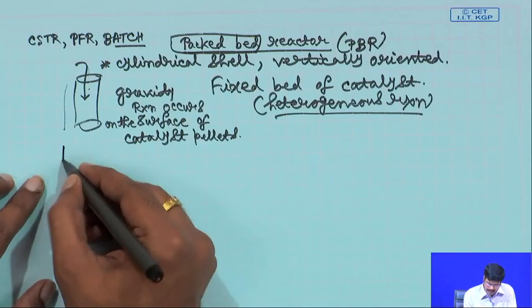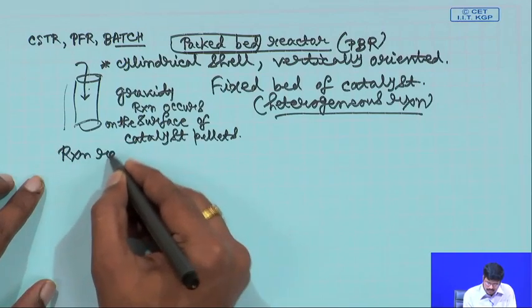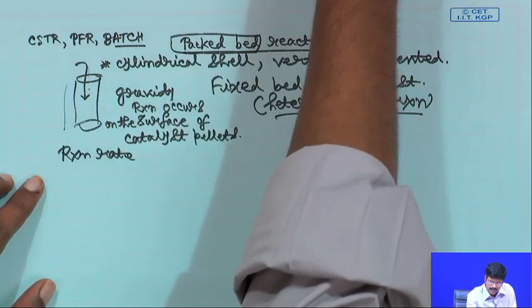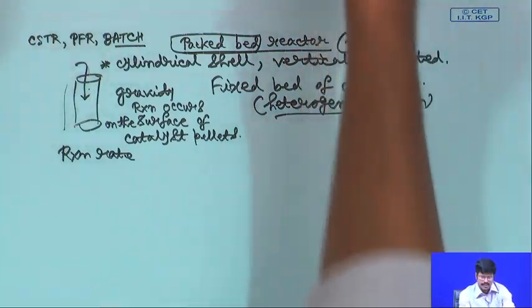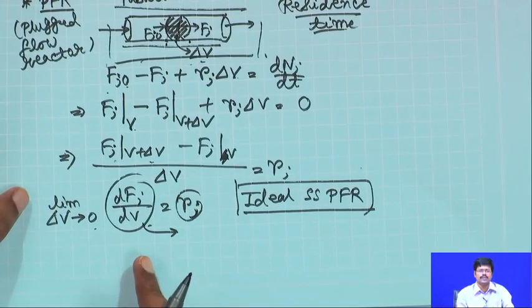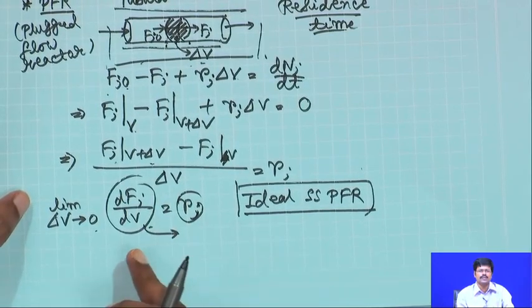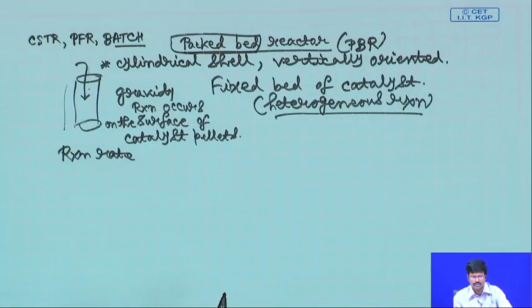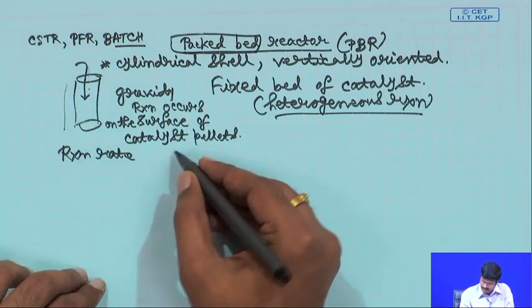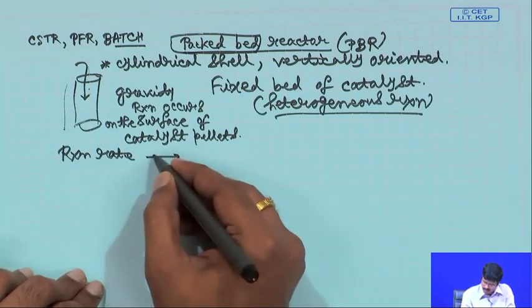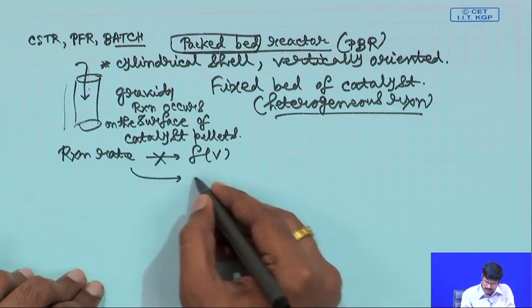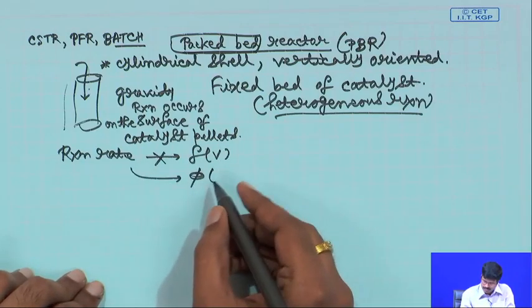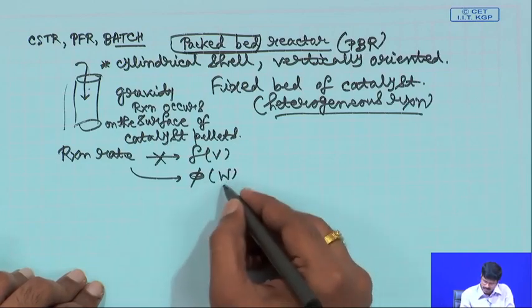And the reaction rate, you have seen, is a function of volume for the plug flow reactor. Allow me to show you the previous page here. So, reaction rate is a function of volume in the plug flow reactor. Here the reaction rate is not a function of the volume of the reactor, but it is a function of the mass of the solid catalyst.